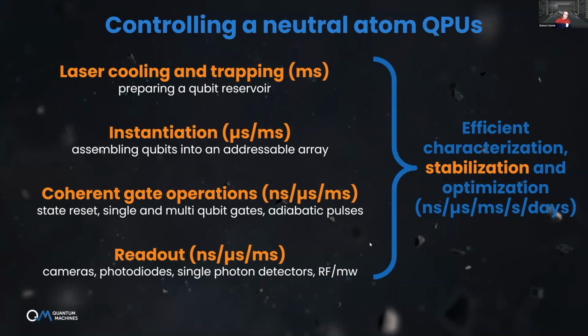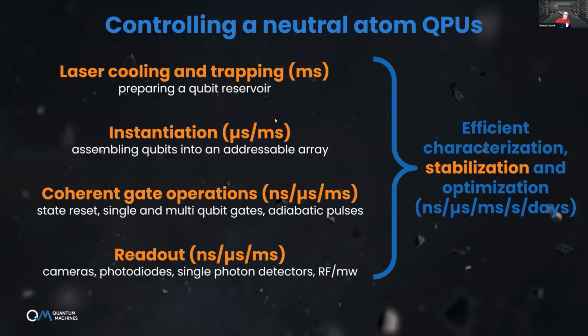There are many other features I didn't discuss, and each word here could be a separate presentation, but I hope I gave you some sense of confidence that you can perform all the basic control needs required in a Rydberg-based, neutral atom-based quantum processor.